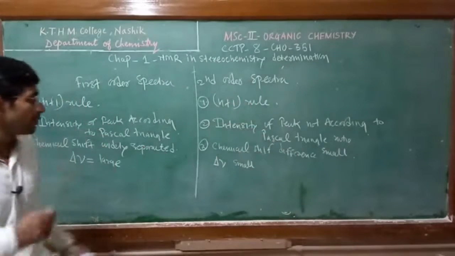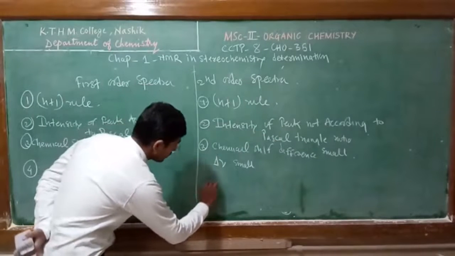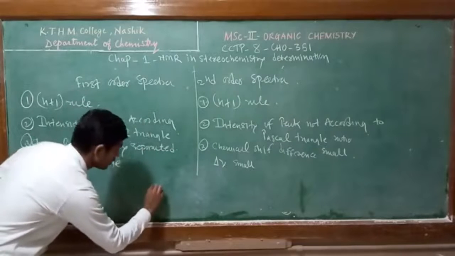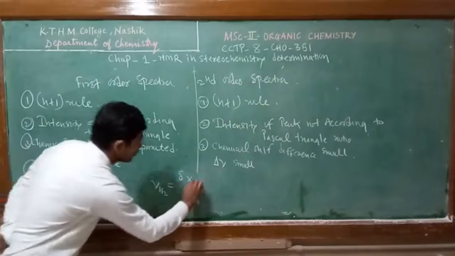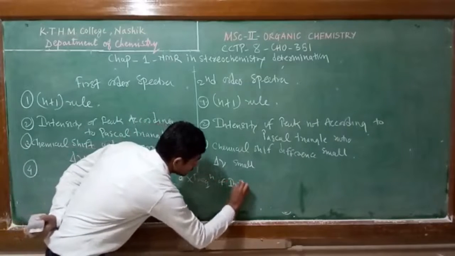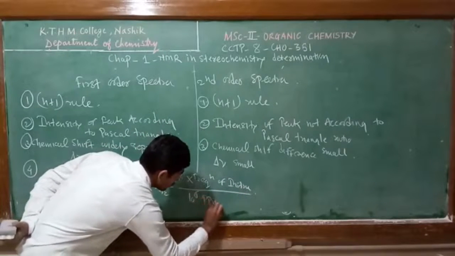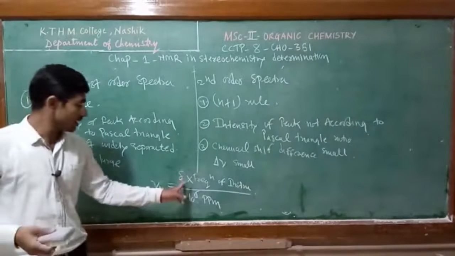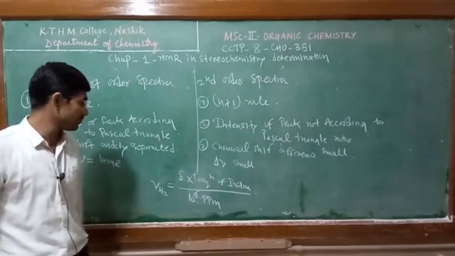To express the value in hertz, we use this expression: nu in hertz equals delta times the frequency of the instrument divided by 10 to the 6 in ppm. By this mathematical expression we can convert the delta value into hertz. Delta value can be expressed in delta or ppm.